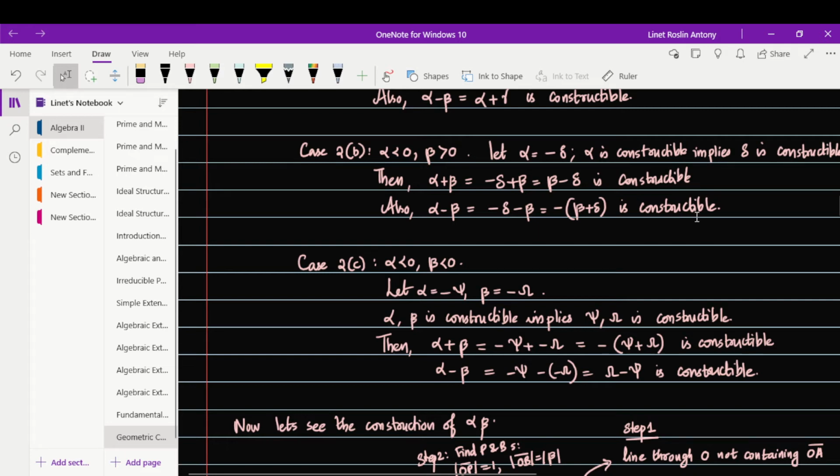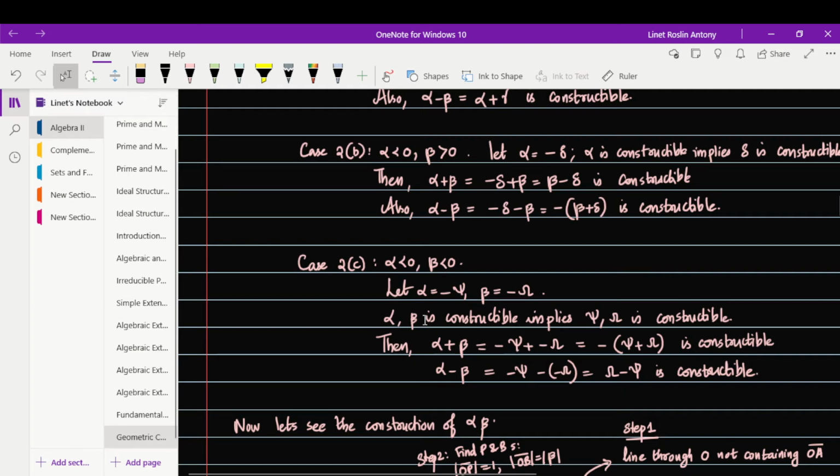Case 2 says that if alpha is strictly less than 0 and beta is strictly less than 0, let alpha be equal to minus psi and beta be equal to minus omega. Alpha and beta being constructible implies that minus alpha and minus beta, that is psi and omega, are also constructible.